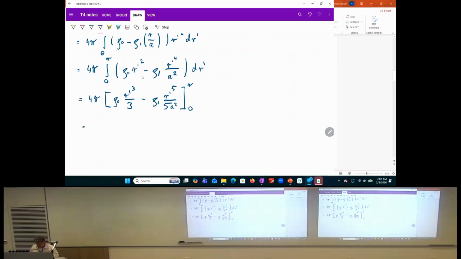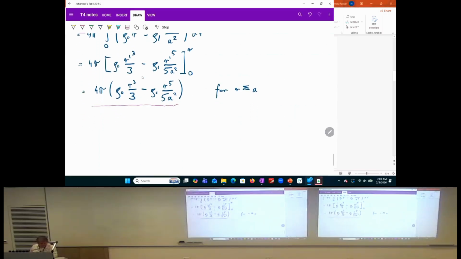That gives us 4 pi rho 0 r to the power of 3 over 3, minus rho 1 r to the power of 5 over 5a square. And this is for the case where r is smaller or equal to a. This is the result in that region.